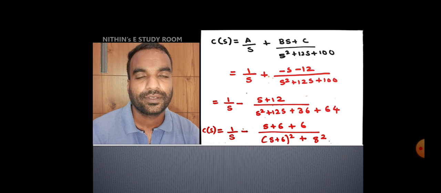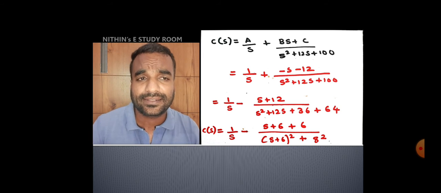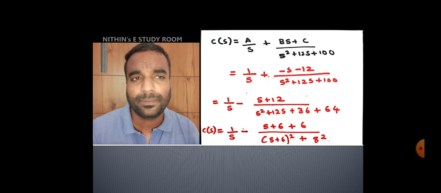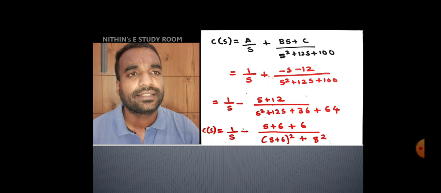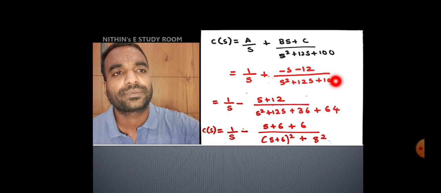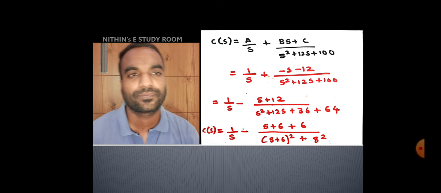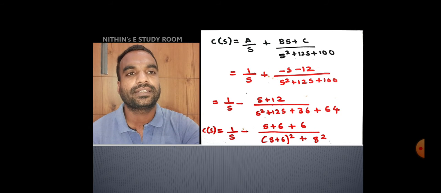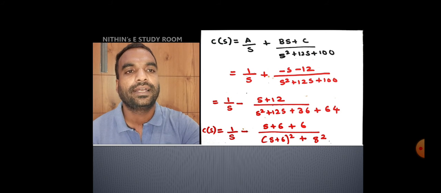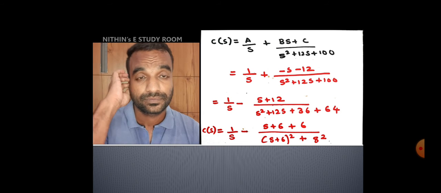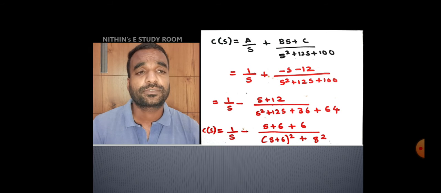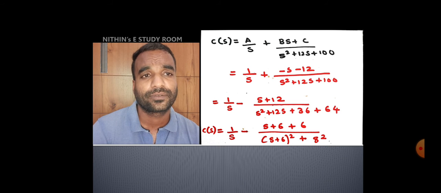Now, for getting the standard results out of this, we have to do some manipulations. That's why initially I am splitting this 100 into 36 plus 64, and a negative sign is taken out commonly from this term, so it will become minus s plus 12 over s square plus 12s plus 36 plus 64.